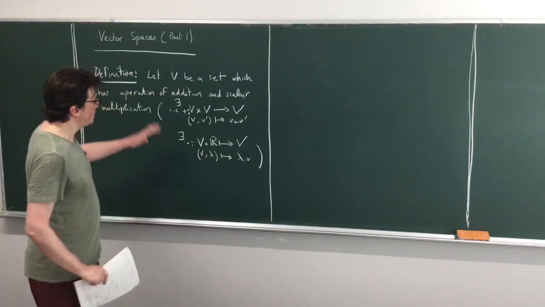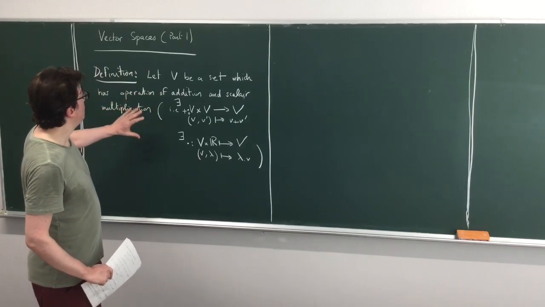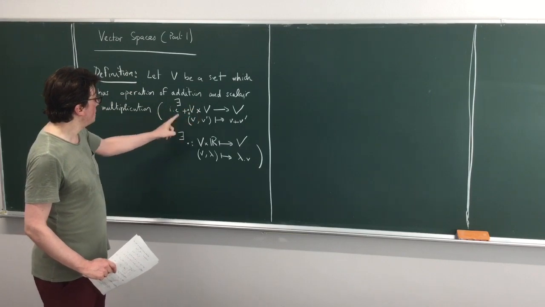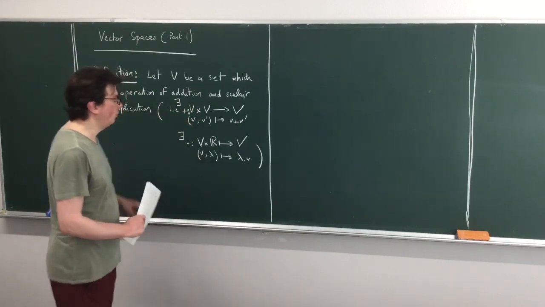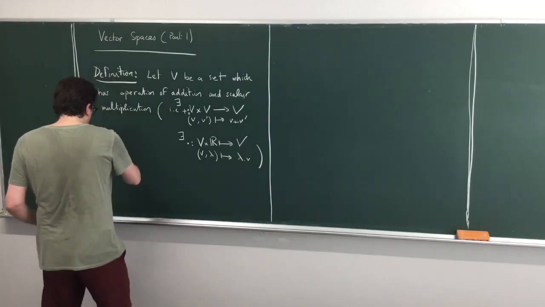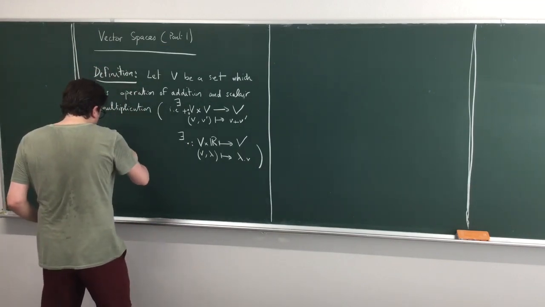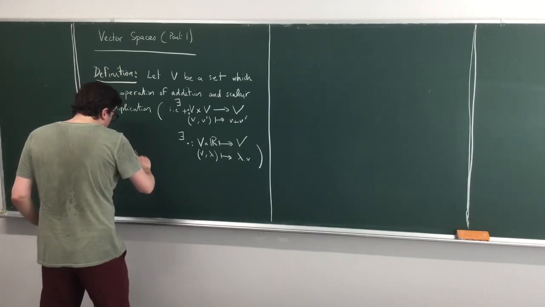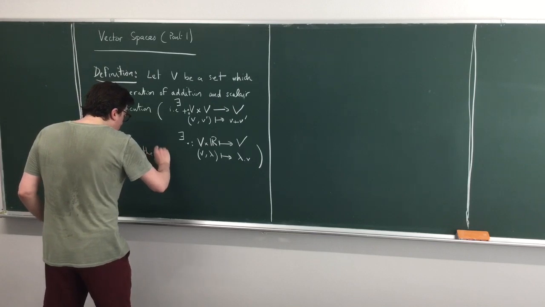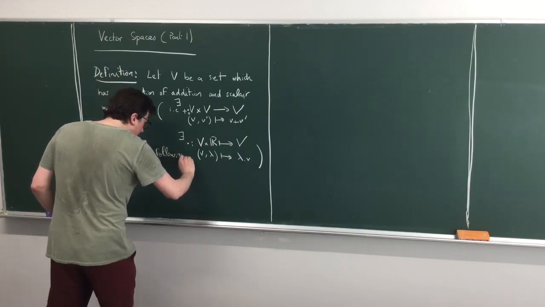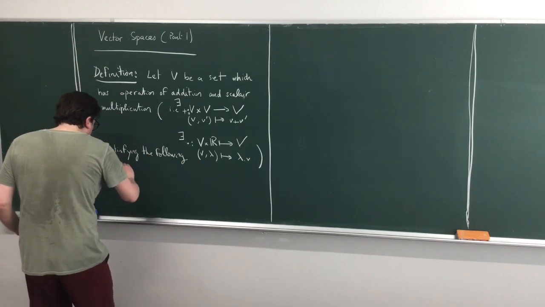Okay, so these are the first initial data for a vector space, a set, and two operations, one is a plus, one is the dot, the scalar product. And we are going to ask that these data satisfy the following conditions.